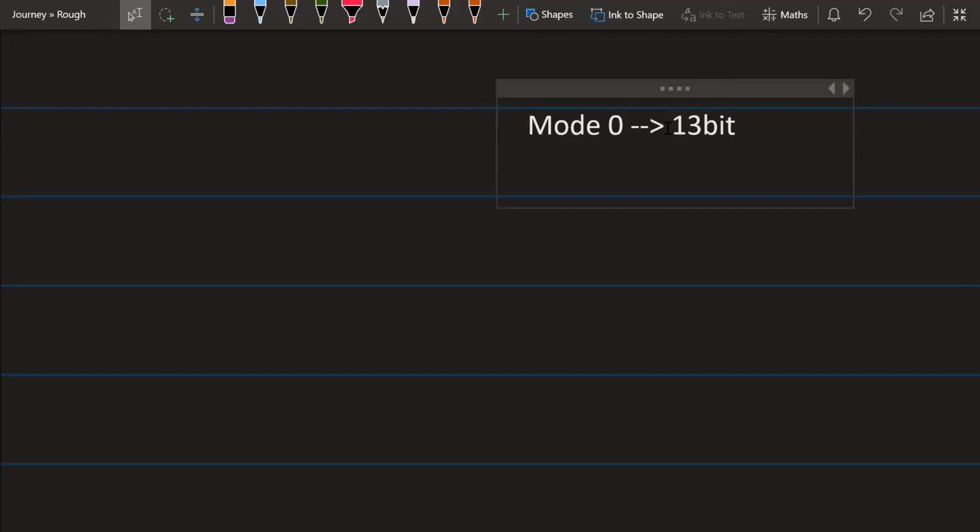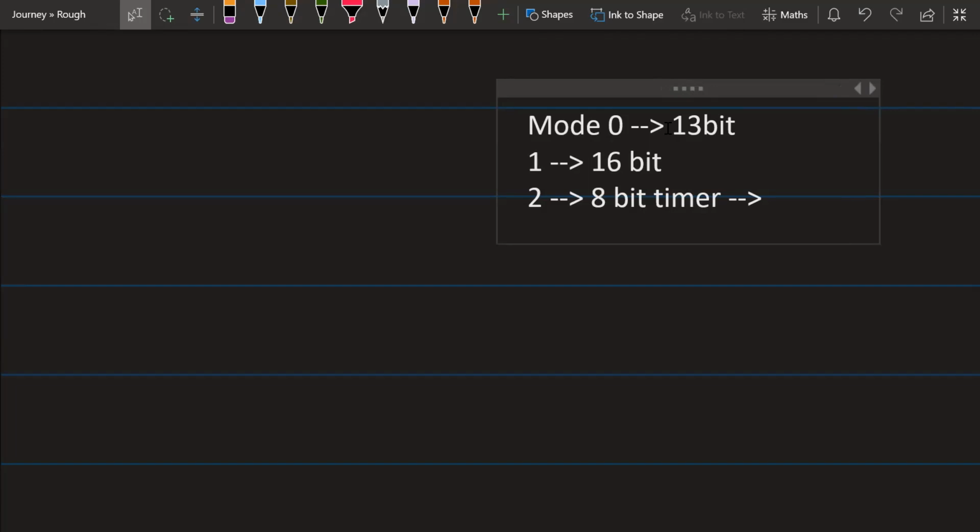In mode 1, it is a 16-bit timer. In mode 2, it is an 8-bit timer, and it also has an auto reload functionality.